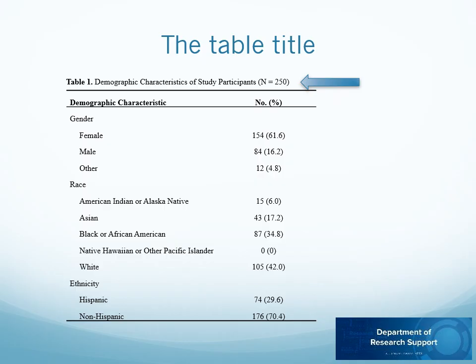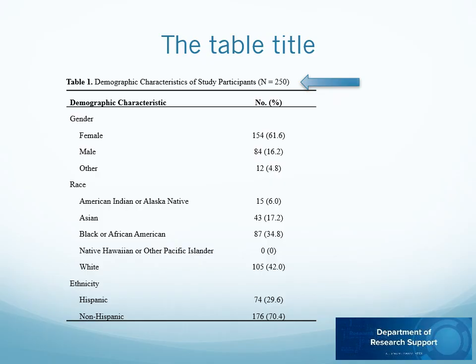In general, the total N or number for the study population or experimental sample is provided in parentheses at the end of the title. Note, the table label, Table 1 in this example, is bolded. The actual title is in title capitalization and is not bolded.